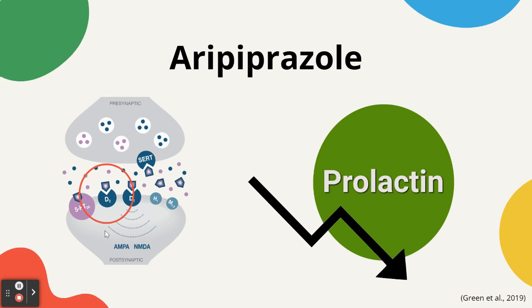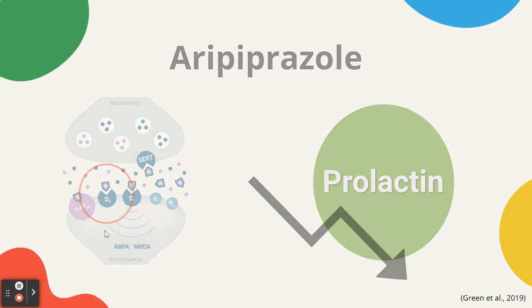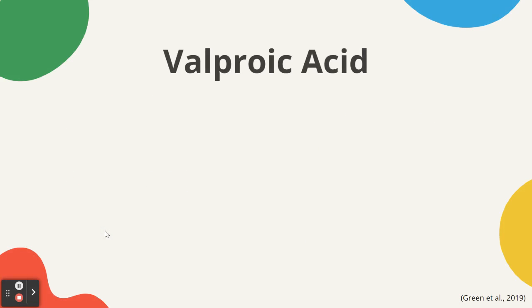So, an increase in prolactin levels can cause swelling of the breasts, which can be more problematic for women, obviously, because of breast cancer and other things of that variety. Other medications, such as valproic acid to treat bipolar disorder that is comorbid with autism, can cause an increase of cysts on a woman's ovaries.